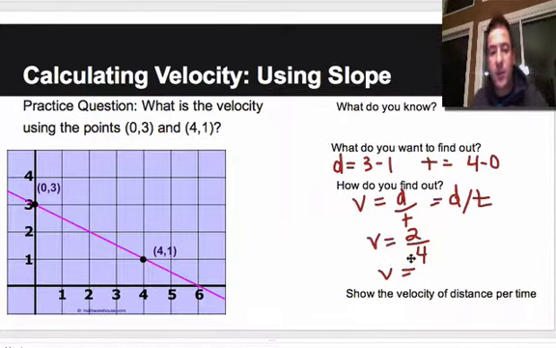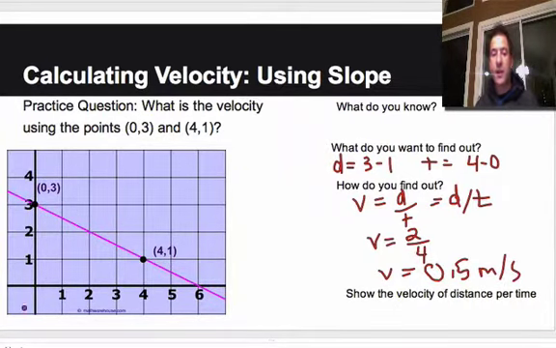Our distance in this case was, we started at 3 meters and finished at 1 meter, so there was a 2 meter difference in the interval. And in our seconds, we started at 0 and ended at 4. So in this case, our velocity would be 0.5 meters per second, assuming that this was distance in meters and this was time in seconds.